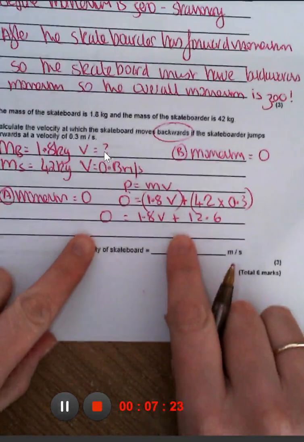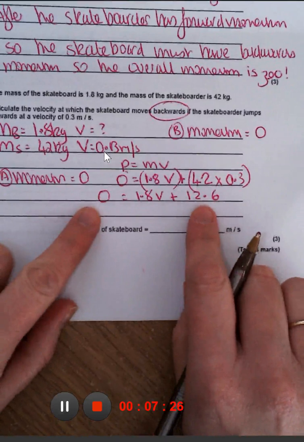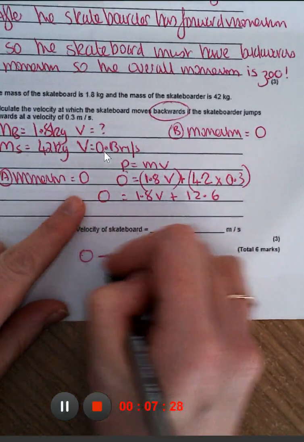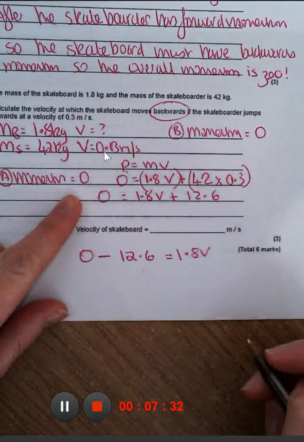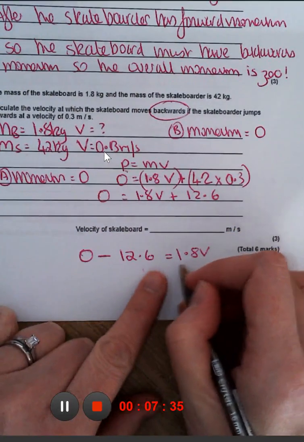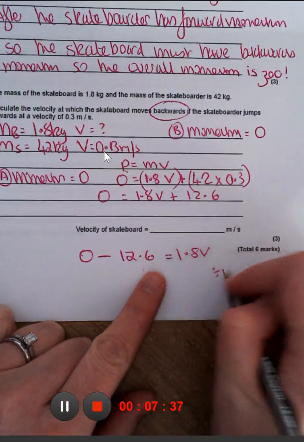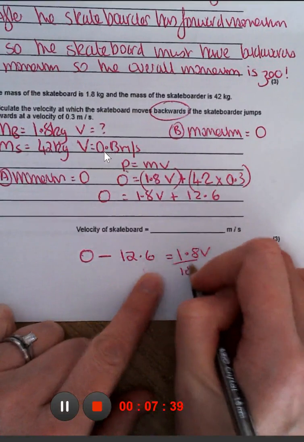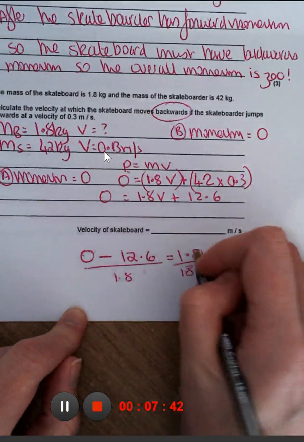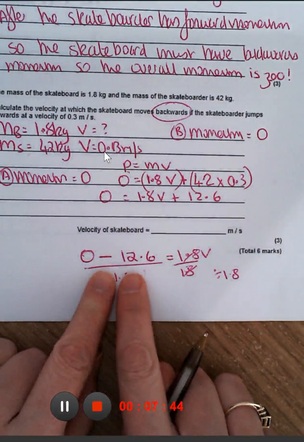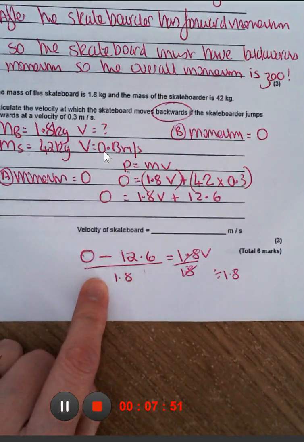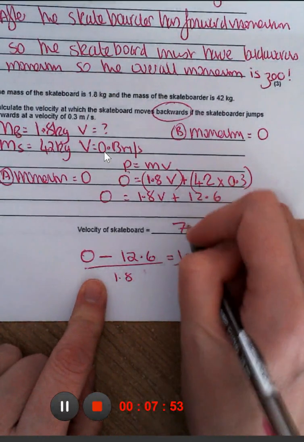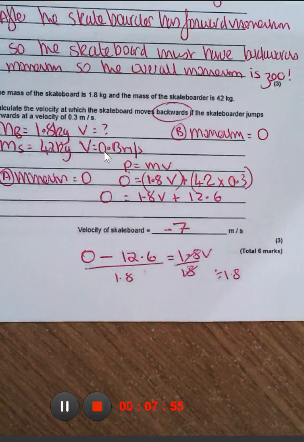I'm just going to do it underneath because I've run out of space. So I get 0 minus 12.6 equals 1.8v. Then I divide both sides by 1.8 to get rid of this 1.8. So they cancel, so my v is 0 minus 12.6 over 1.8, which gives me an answer of minus 7 meters per second.